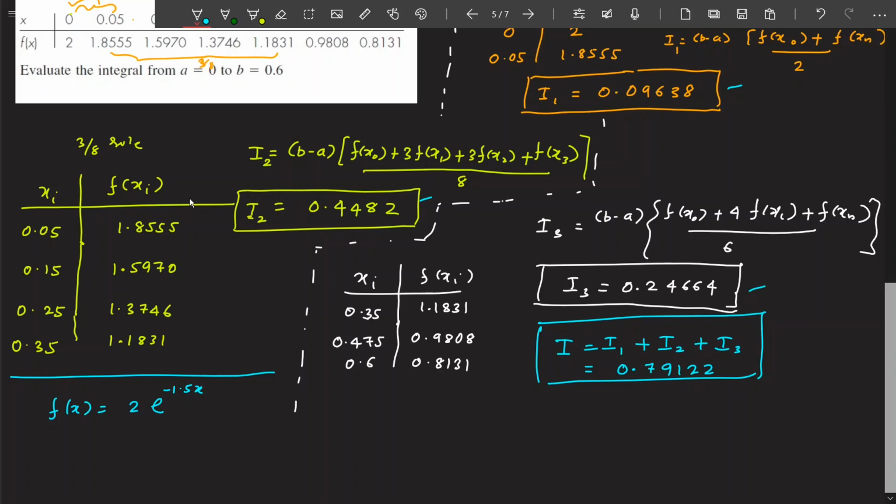So I would suggest you guys to please find out the integral of this analytically, and you will find that the value of the integral is going to be close to 0.79122.